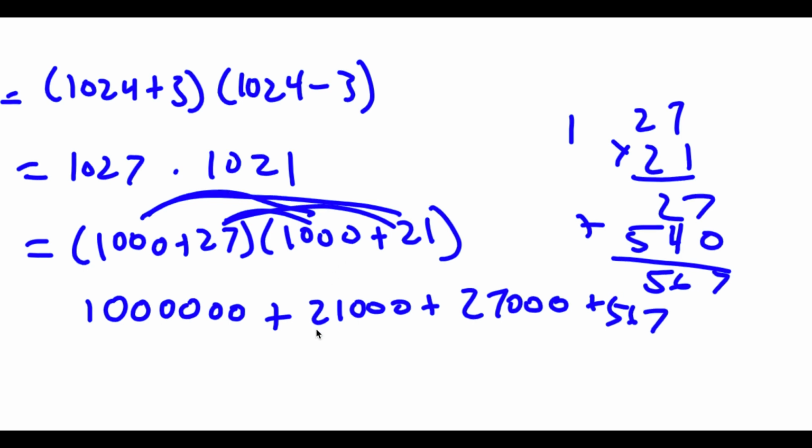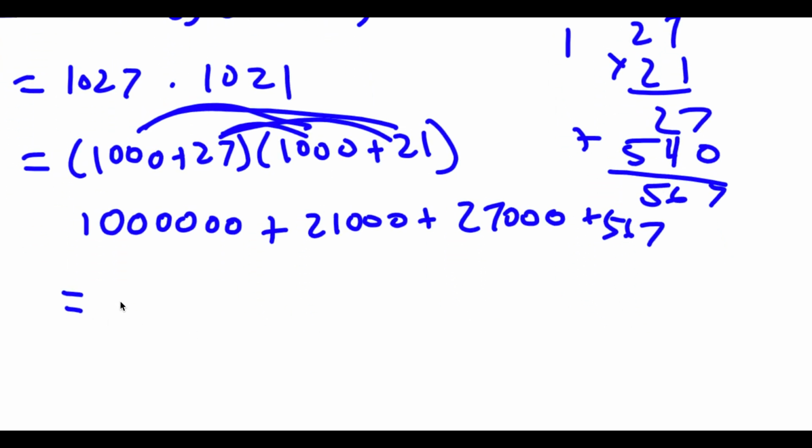So now this is going to be equal to 1,021,000 plus 27,000 is 48,000. So 1,048,000 and 567.